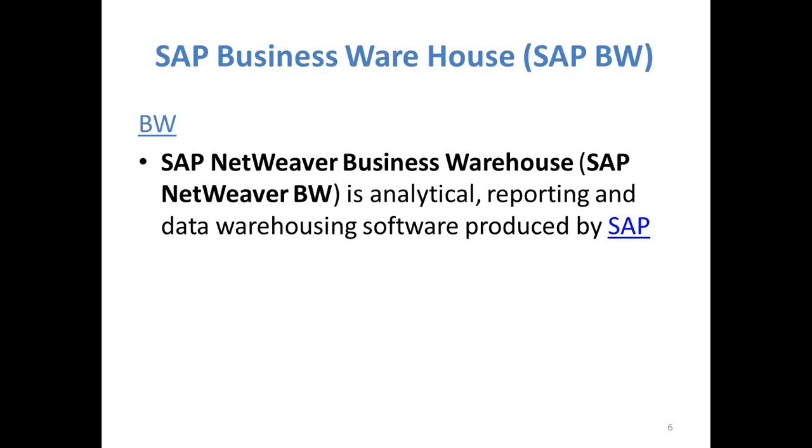Now what is Business Warehouse? It is an analytical, reporting, extraction and data warehouse software. It is a kind of ETTL tool, not just an ETL tool. E stands for extraction, T stands for transfer, and another T stands for transform.